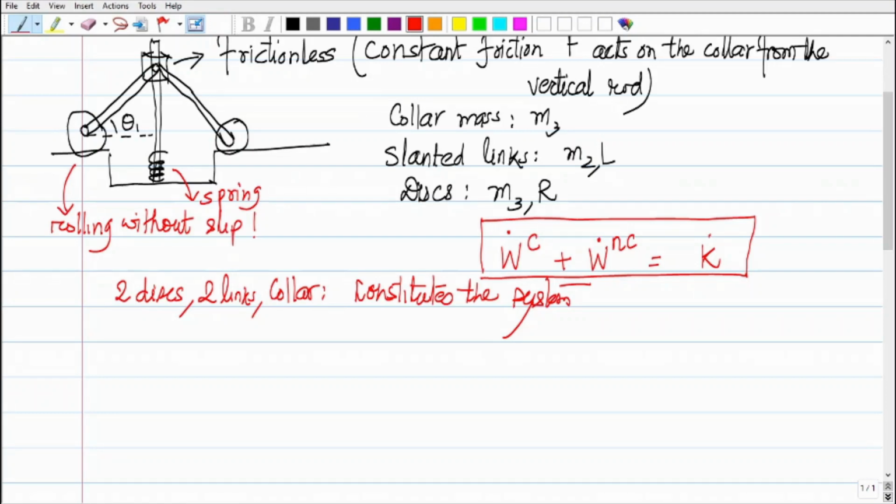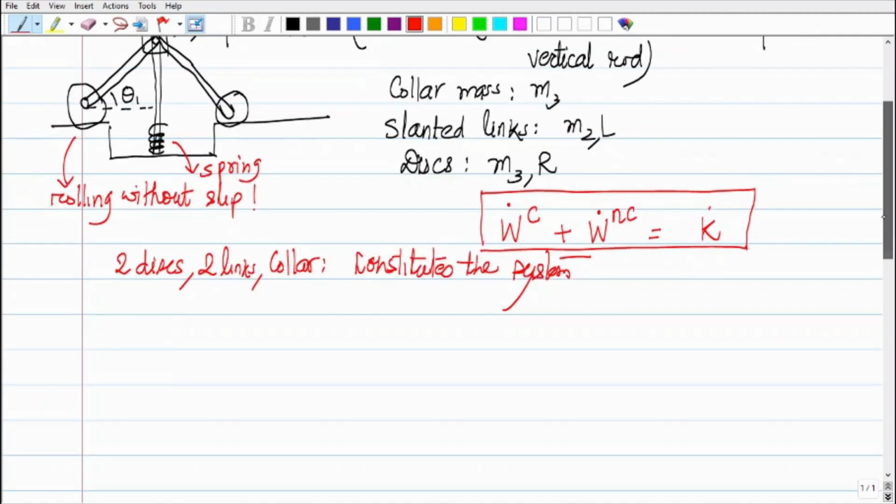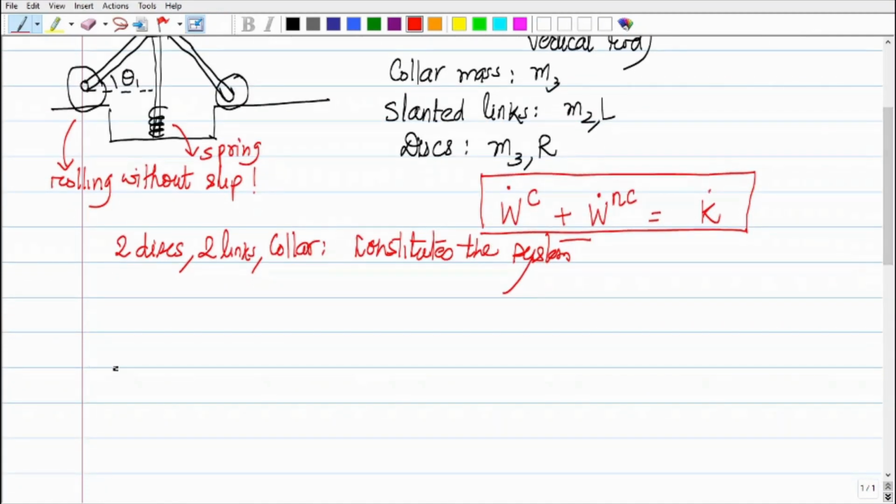Can you recall, for example, when we were looking at the disk, then we also had the link. The link applied reaction forces on the disk, and disk applied the reaction force on the link.